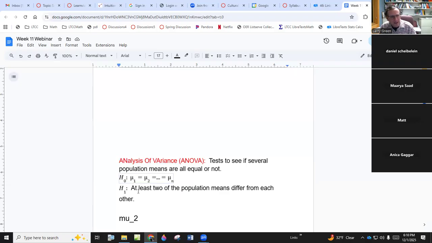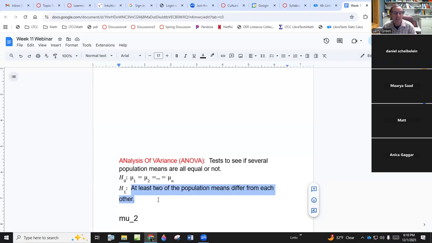Okay, to let you know that the opposite of them all being the same is not that they're all different from each other. That's why you can't just take these equals and make not equals. That doesn't work. So instead, what you need to do is put it in words, and the words are at least two of the population means differ from each other. Okay, so that's H1.